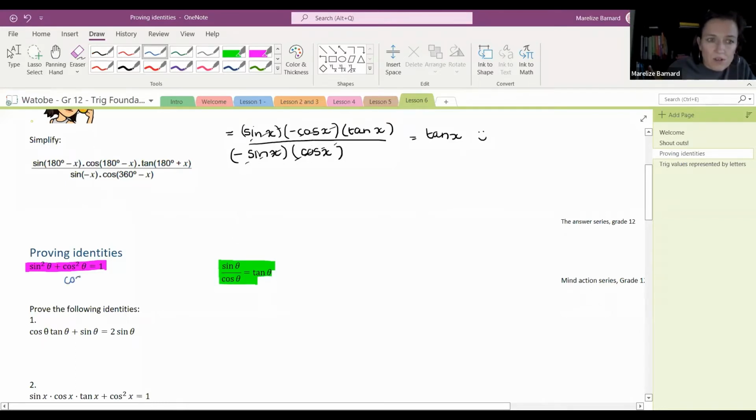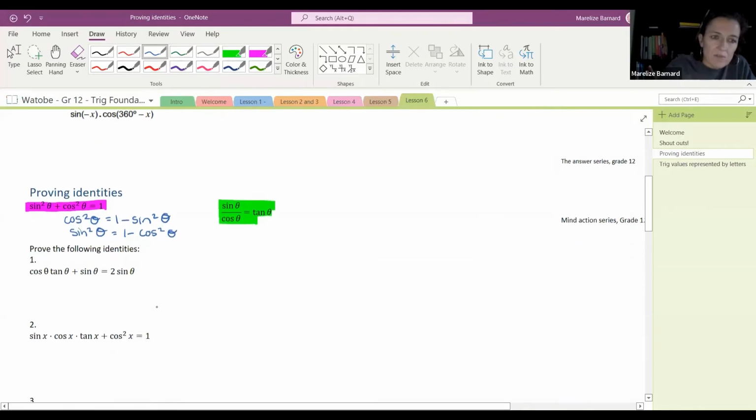To get cos squared by itself, that gives me 1 minus sine squared theta. And if I want to get sine squared by itself, then sine squared is 1 minus cos squared. Those are the three versions of this identity.